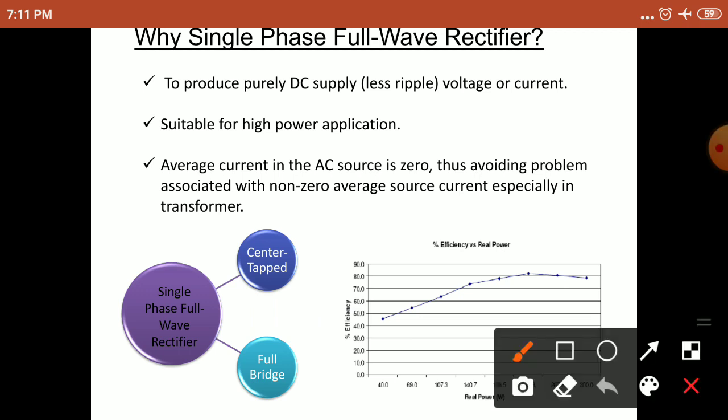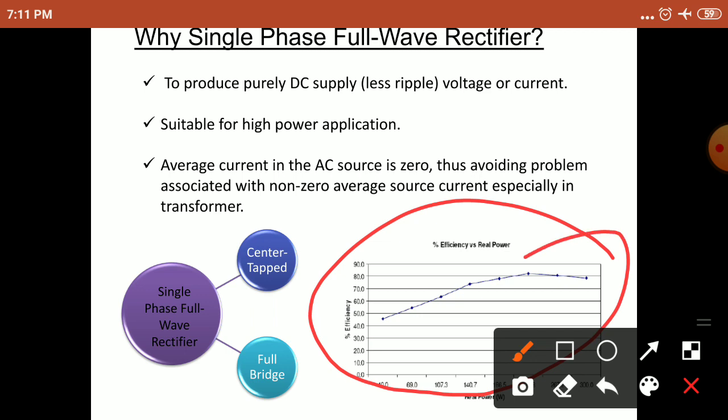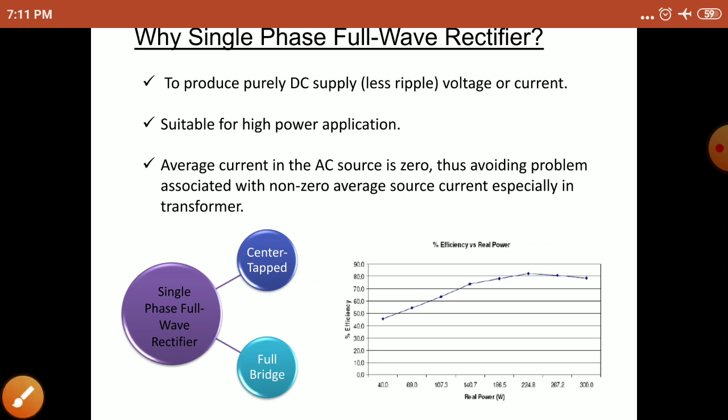This is the efficiency versus real power of rectifiers, a generalized graphical representation of the variation of efficiency with the variation of power. It's a completely general graph. The particular graphs and other things we will discuss when they come in your module part.